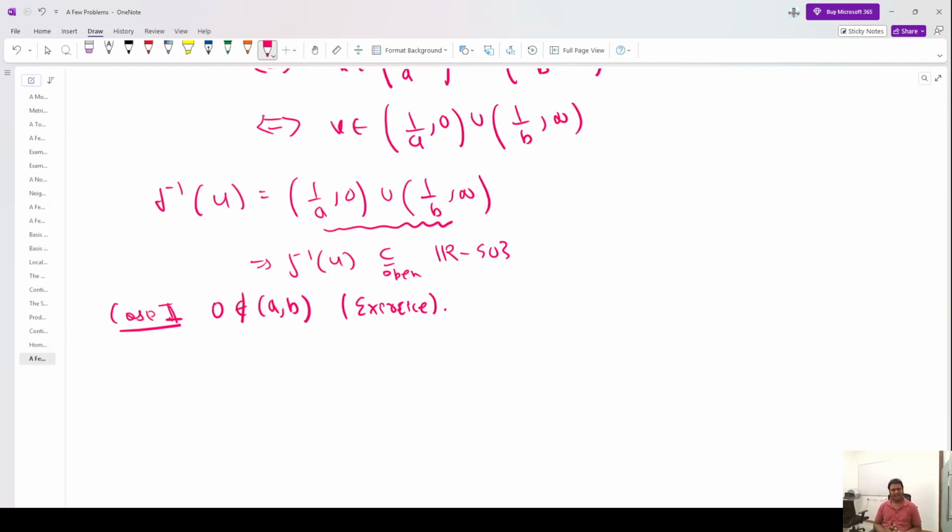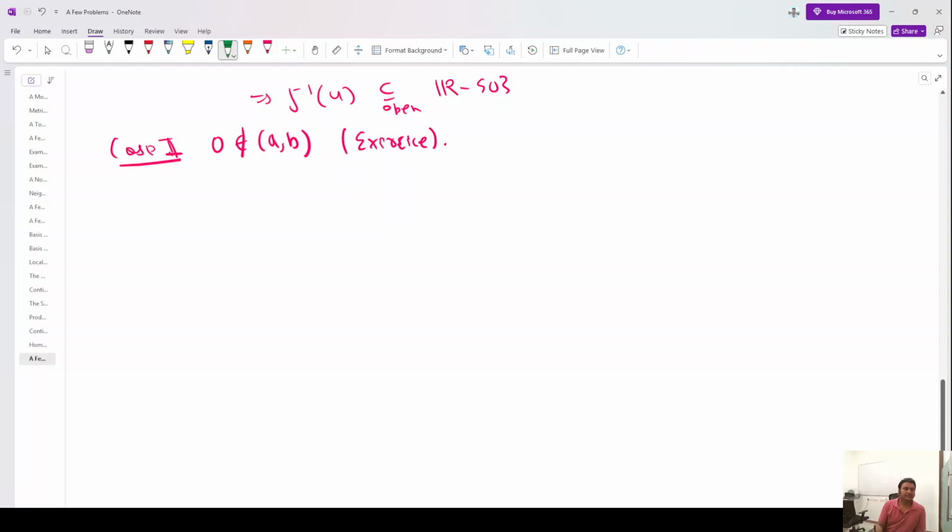Nice. Let us proceed with another problem. Okay, this is actually a nice problem. Let X be an uncountable cofinite space.